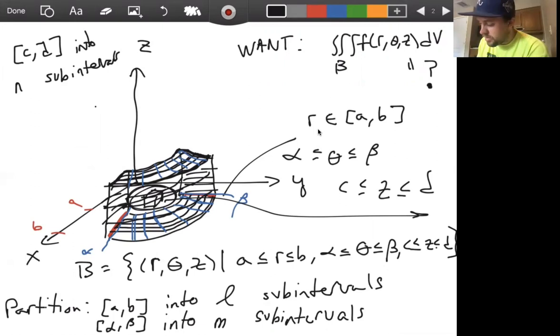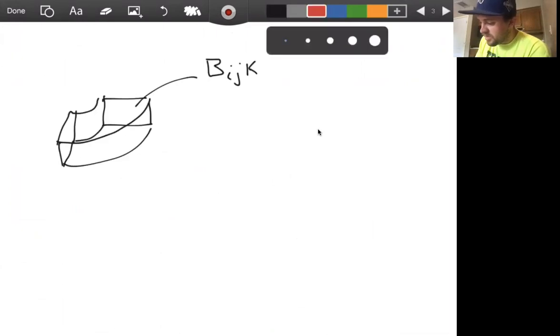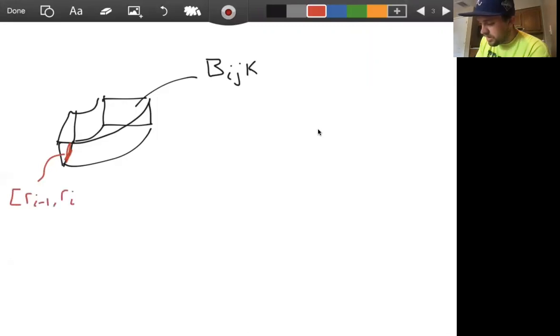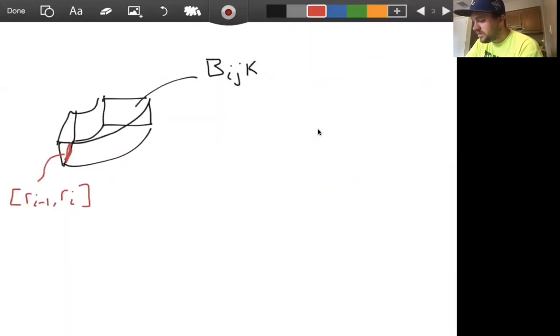And so here, what is this distance down here, this change in radius? Well, this is the interval r_{i-1} to r_i, right? That's the change in radius, with a length of delta r. Then we need the length of this edge here, right?